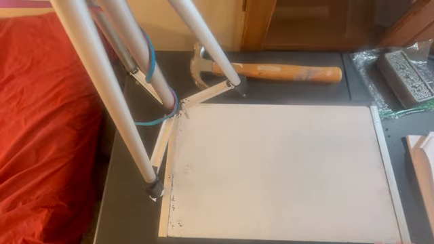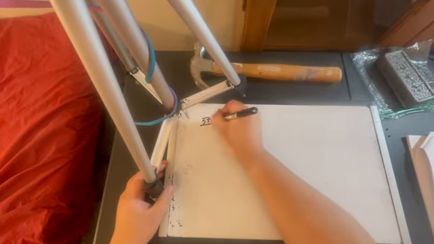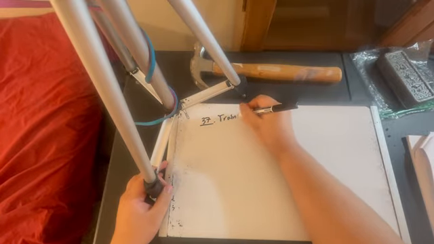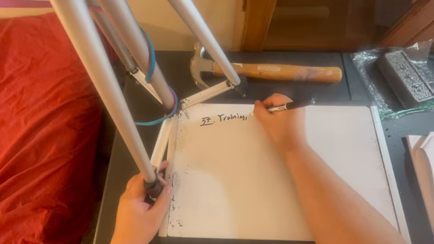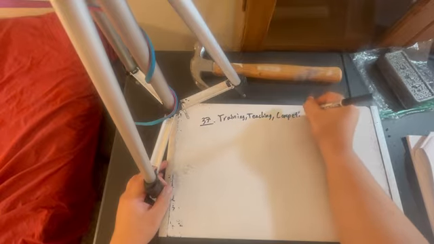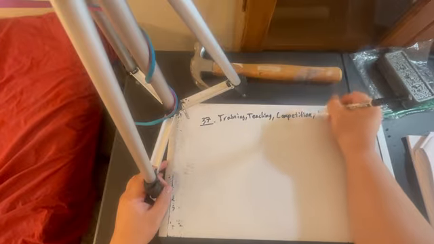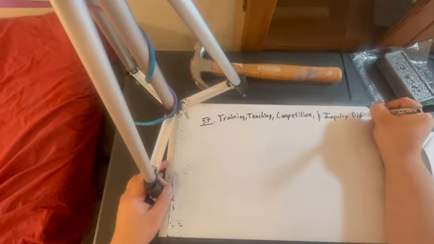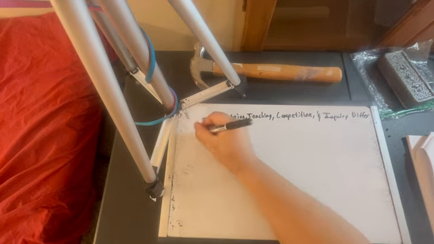All right, this next point is training, teaching, competition, and inquiry differ. Right? So Aristotle distinguishes several settings.